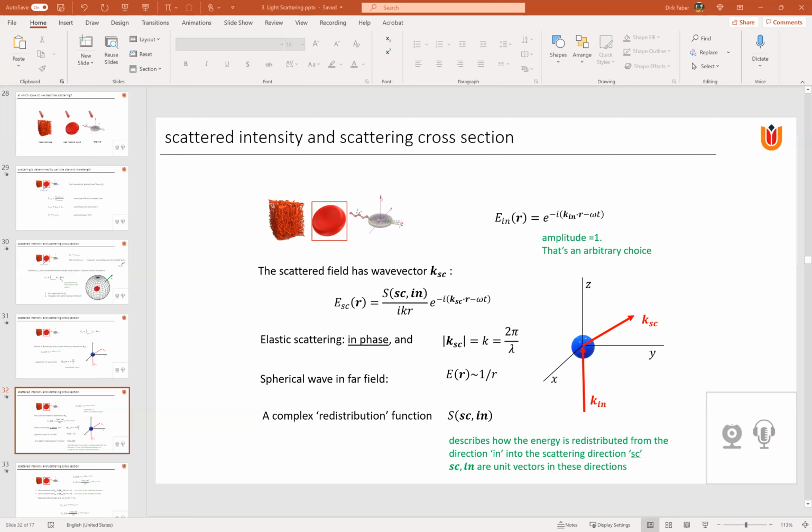So it is in phase. It's instantaneous. And that also implies basically that the magnitude of the scattered wave vector is going to be the same as the magnitude of the incident wave vector. So there is no change at all.